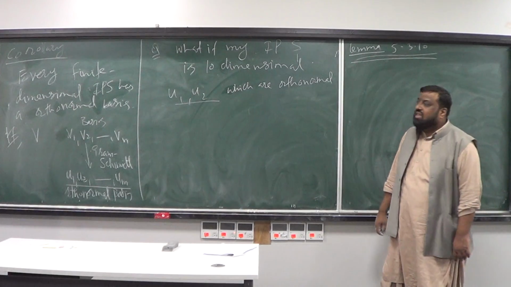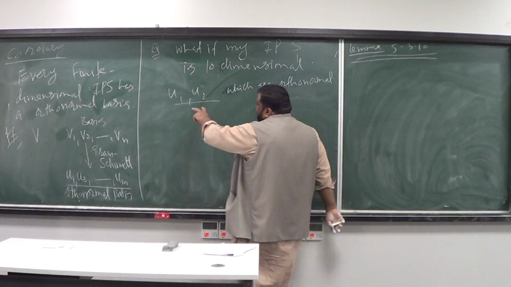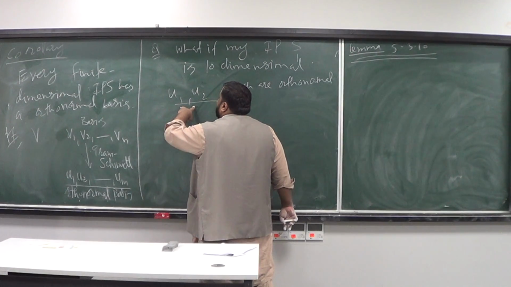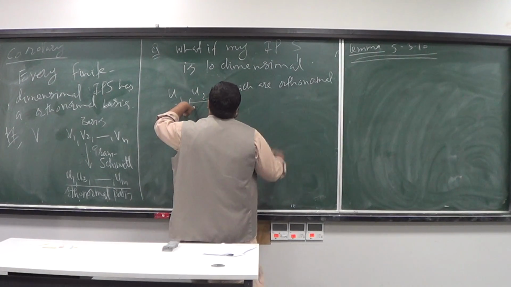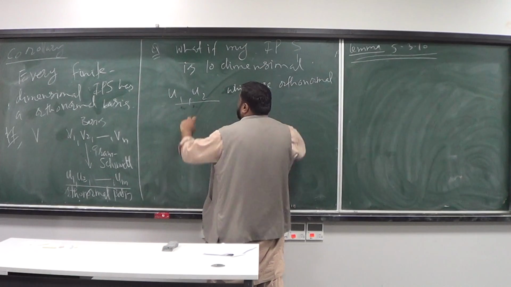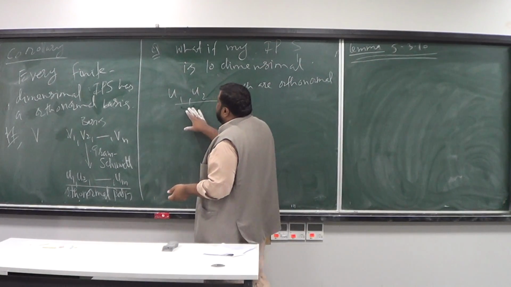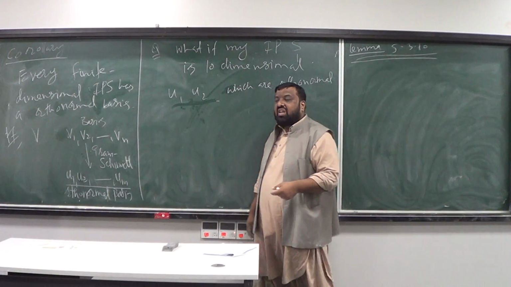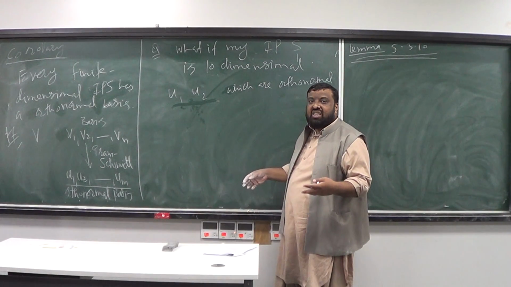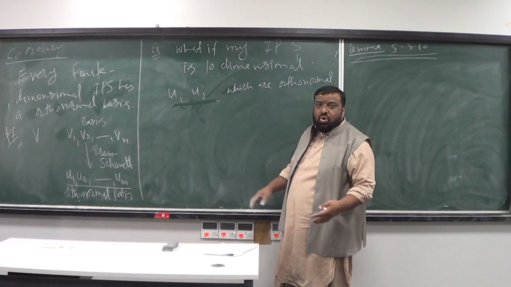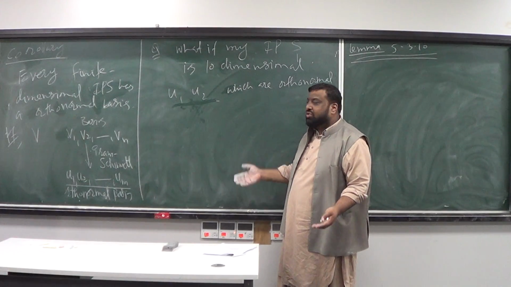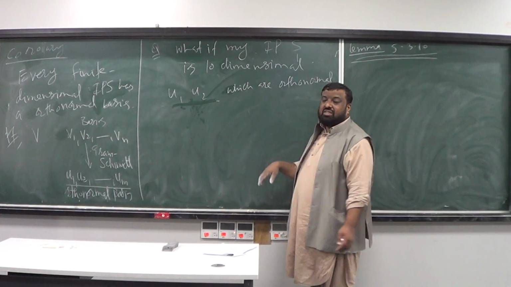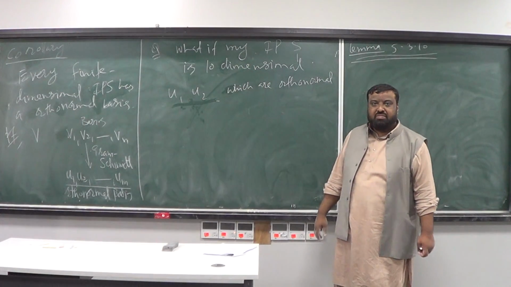The question is, can I, using these two vectors, create an orthonormal basis for the inner product space? In other words, can I take these two vectors and then create 8 more orthonormal vectors which form an orthonormal system and become a basis for the inner product space?